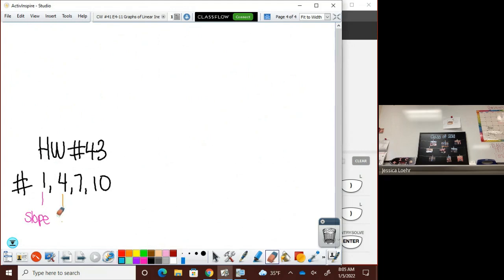It's perpendicular. 7 is the distance formula. 10 is the midpoint formula. Same order we did in class.